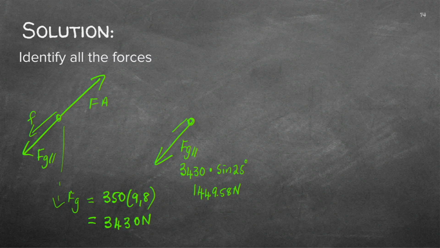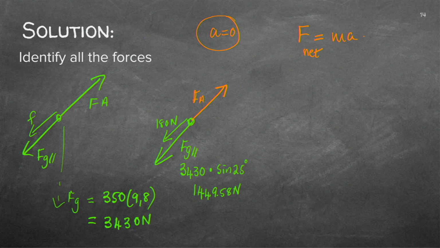I also have the gravity and the friction. So I've got this frictional force, which is 180 newtons, and I do not have the applied force upward. But they gave me the fact that there's no acceleration. So let's see what we can do with that. If there's no acceleration, the F net will be 0.